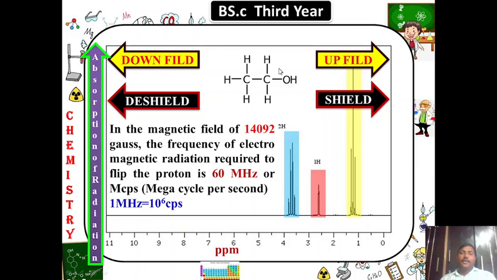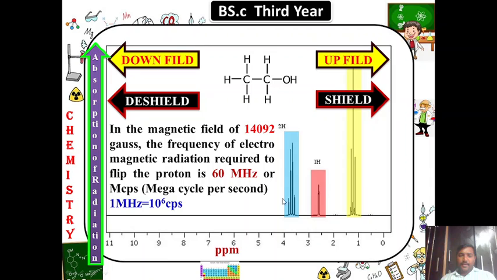Then, how the NMR spectrum is measured on the screen, what the graph of the NMR system actually looks like for a sample. It is measured in parts per million, and this is the applied magnetic field shown here, and this scale is parts per million, and these are the NMR peaks.